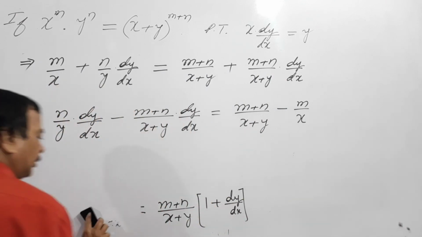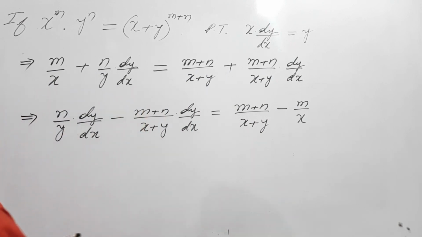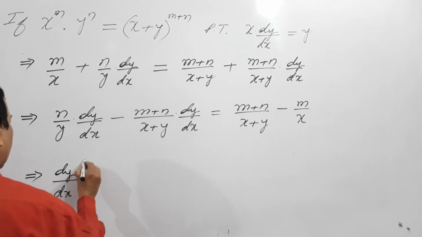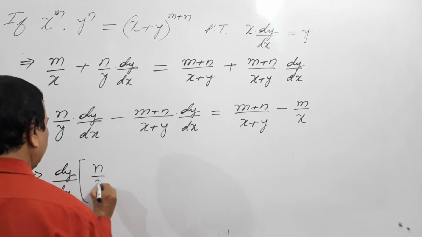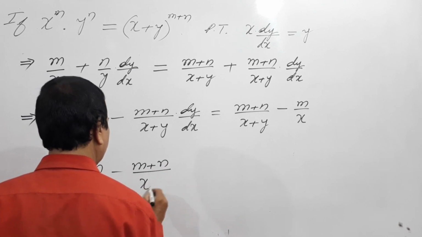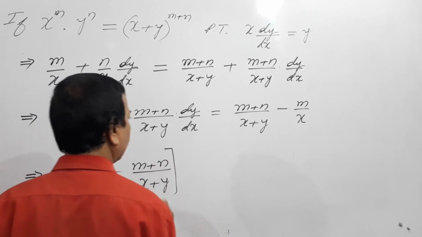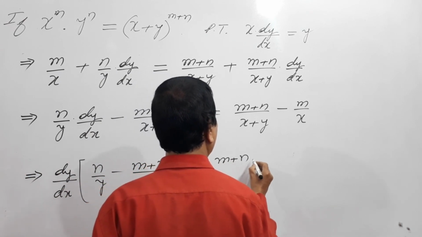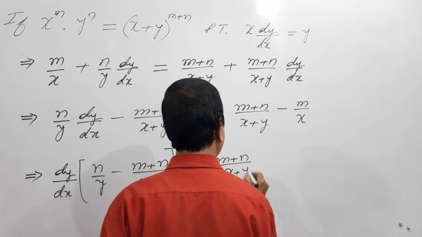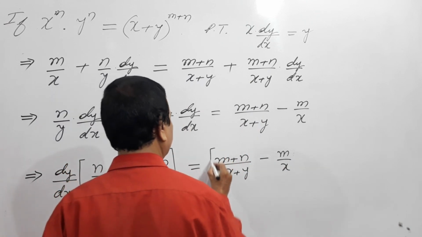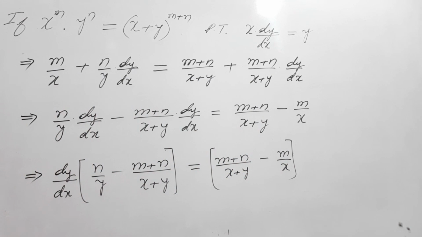With this, I take dy by dx common, so we are left with n by y minus (m plus n) by (x plus y) equals (m plus n) by (x plus y) minus m by x. Are you following?